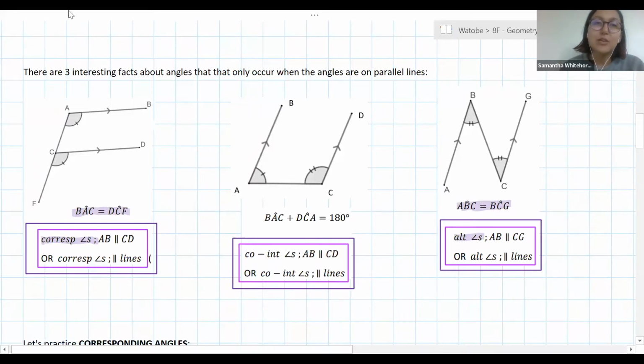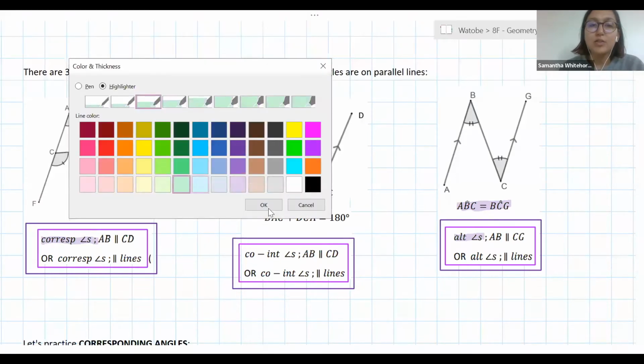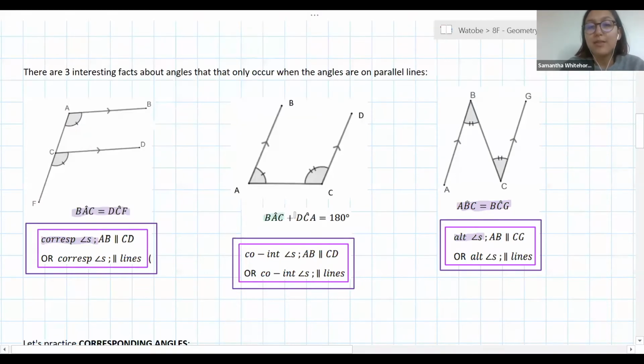Co-interior angles are a little bit different, and this is just why I'm making this point here. Co-interior angles are not that they are equal, but rather that when we add them together, we should get 180 degrees. Like I say, we're going to practice all of these one by one, and then we'll look at them together. These are the shapes and these are the things we're going to look out for as we start to do our questions.